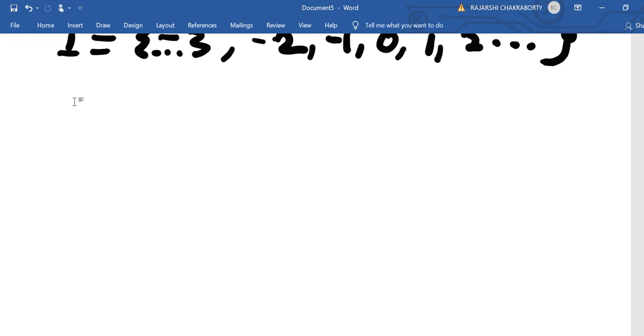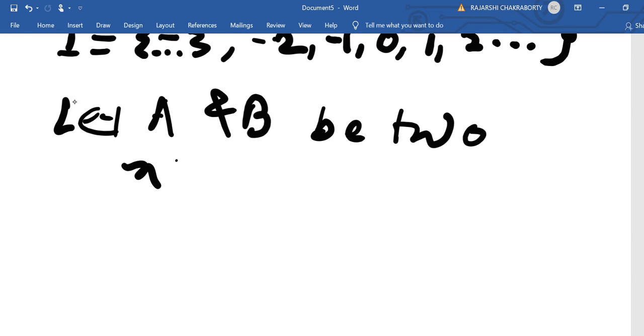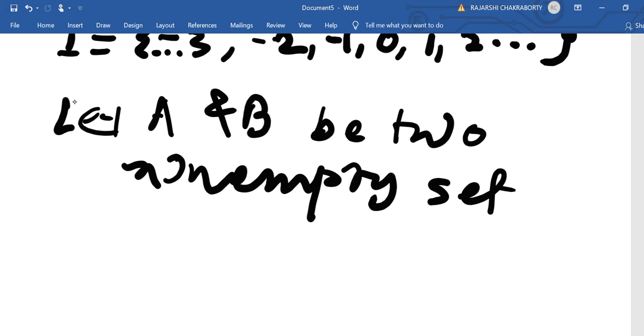So what is a function? Let A and B be two non-empty sets, and f is a function from A to B. So what is a selection?